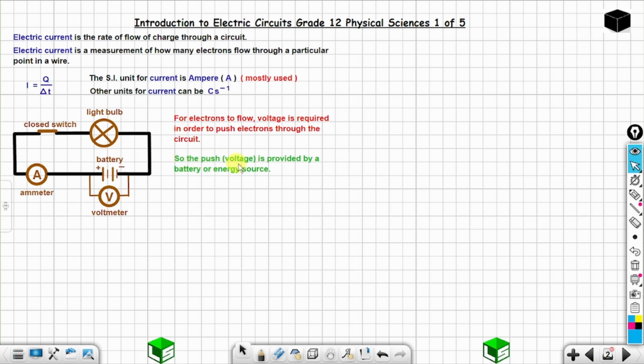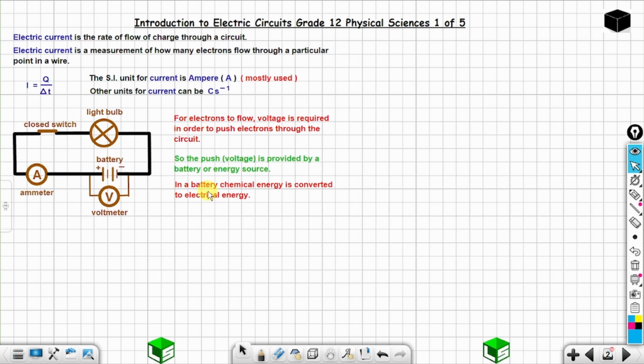The voltage is provided by a battery or energy source. In a battery, chemical energy is converted to electrical energy. Inside a battery, you have some chemistry going on.